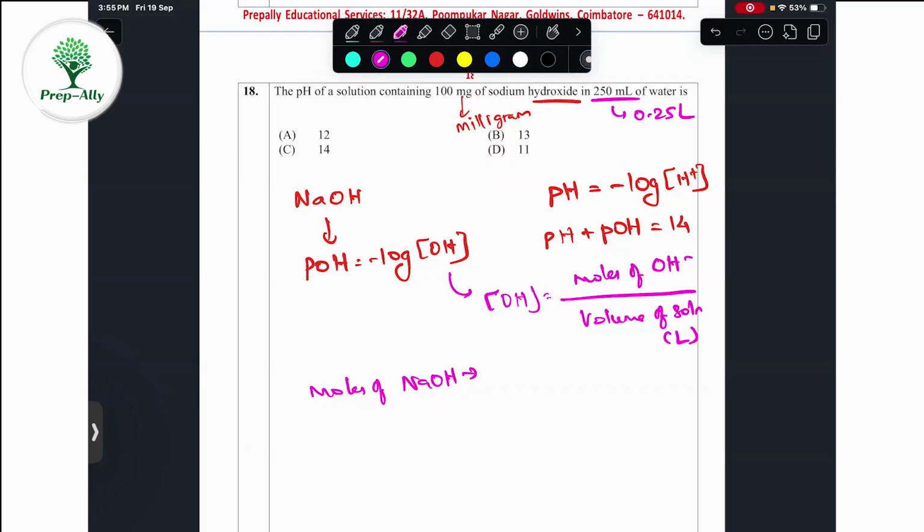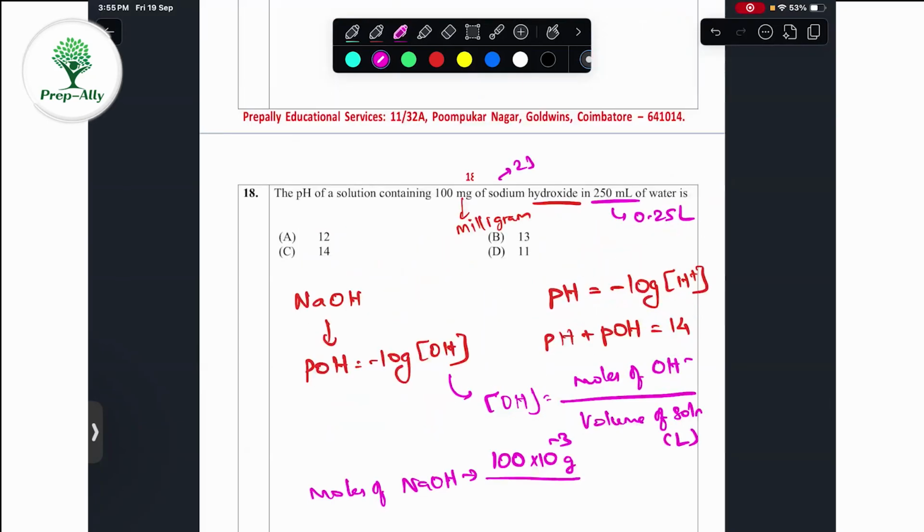So moles of NaOH. How do I calculate? Given mass by molar mass. Given mass is 100 into 10 power minus 3, I can put, right? Milligram divided by molar mass. Sodium hydroxide: sodium has an atomic mass of 23, and hydroxide OH, oxygen is 16 and hydrogen is 1.